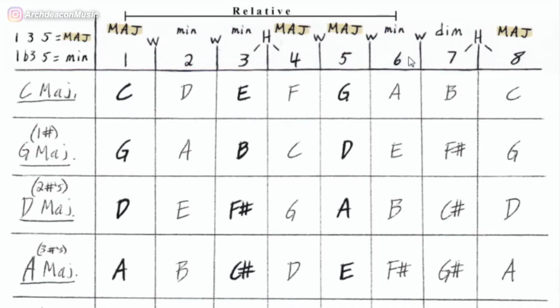Now, what does that mean? Relative, basically, if you are related to somebody, you're closely related to them, right? You're relatives. A C major scale is C, D, E, F, G, A, B, and then your octave of C. Now, what is an A minor scale? Well, if you make a major scale a minor scale, you flat the 3rd, 6, and 7.